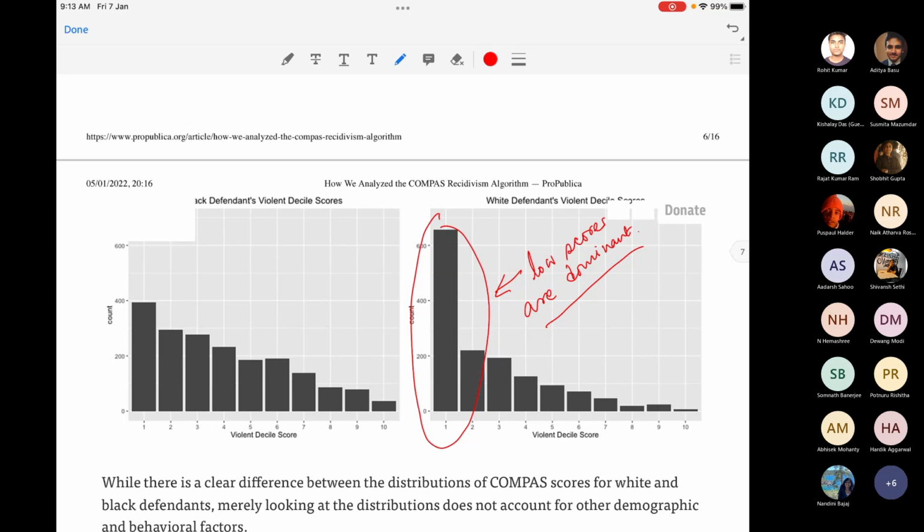Now the question is, does this tell you much about the original objectives that the authors had set? Just by looking at these two distributions, can you come to some conclusion that the Compass software is biased?